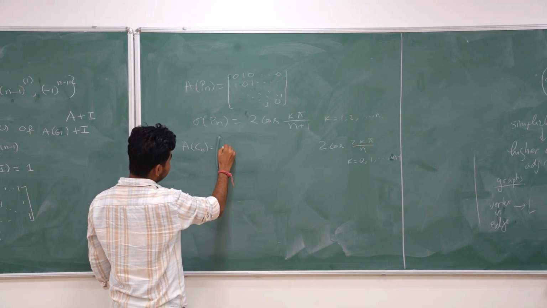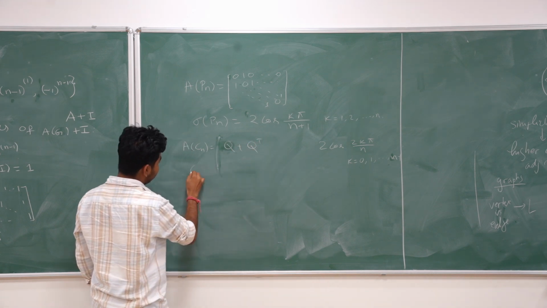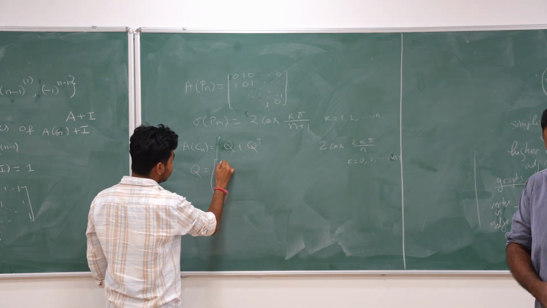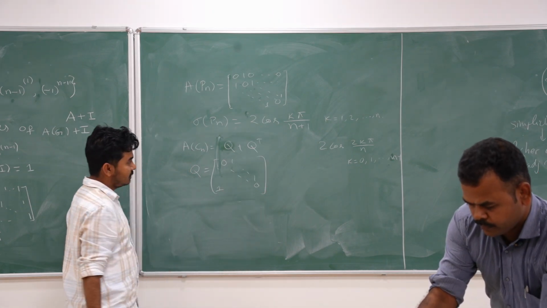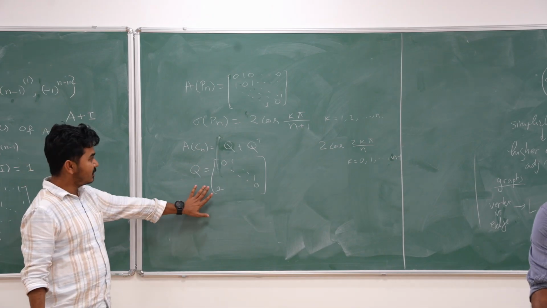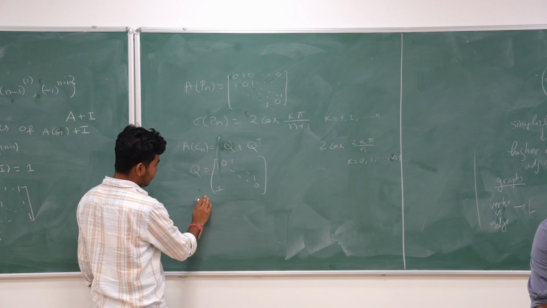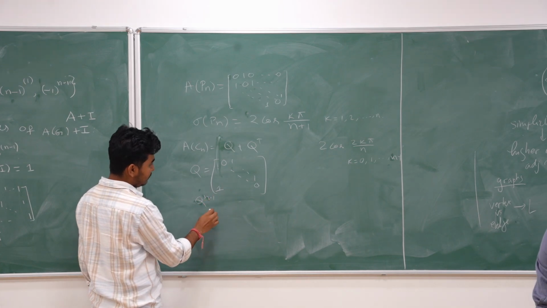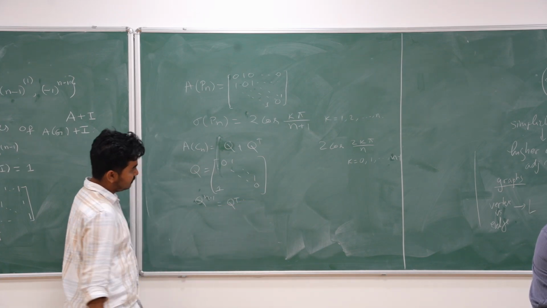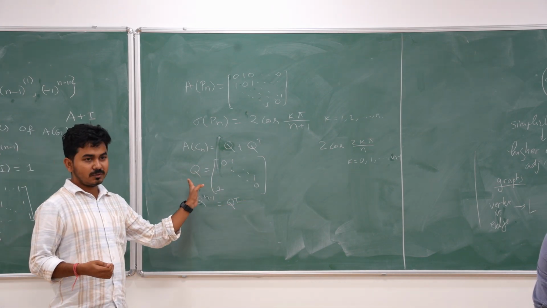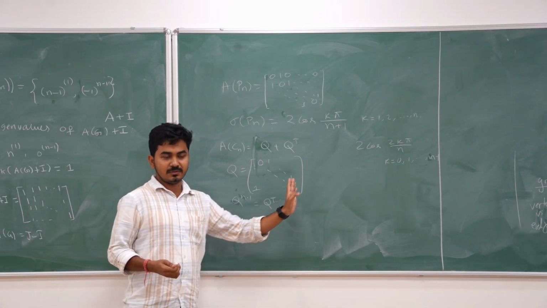Write A of Cn as the matrix Q plus Q transpose, where Q is this. If we multiply Q, it will be Q transpose, because if you just multiply Q square, this diagonal will just shift by 1.